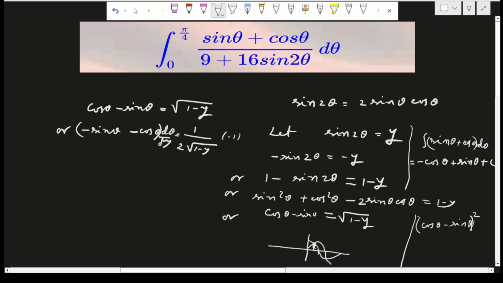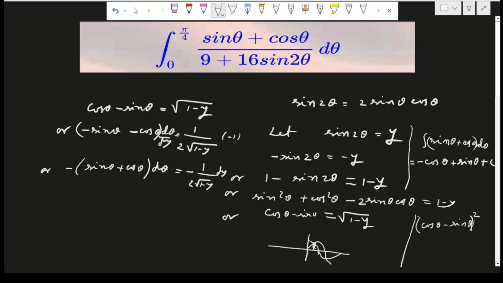Taking out minus common, minus (sin theta plus cos theta) d theta is equal to minus 1 by 2 root over 1 minus y dy.